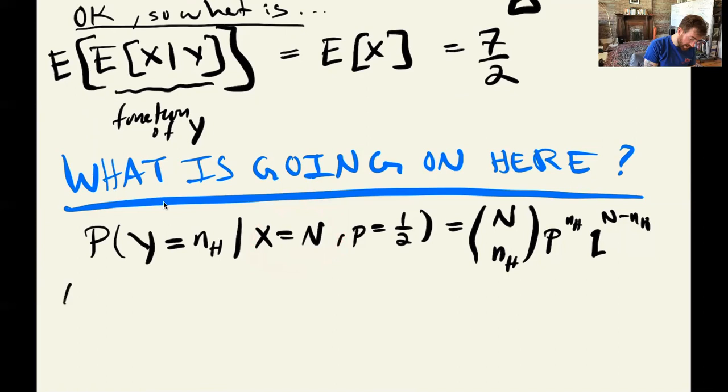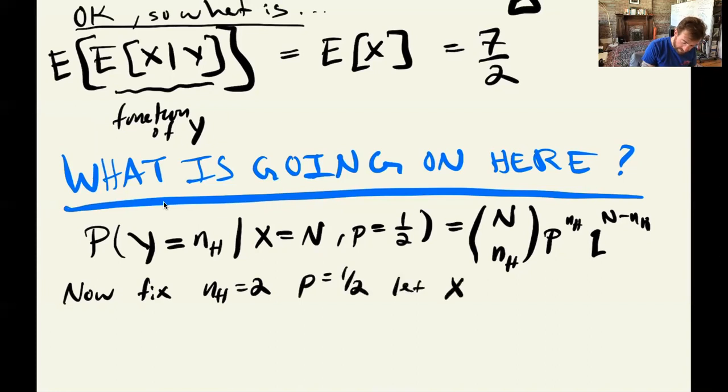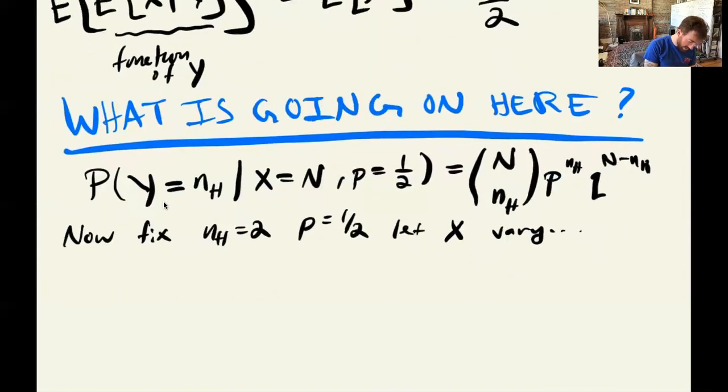So basically now let's fix n sub h to equal 2. Again, we know that p equals a half. We're going to let x vary. And so we now get something that's a little different.